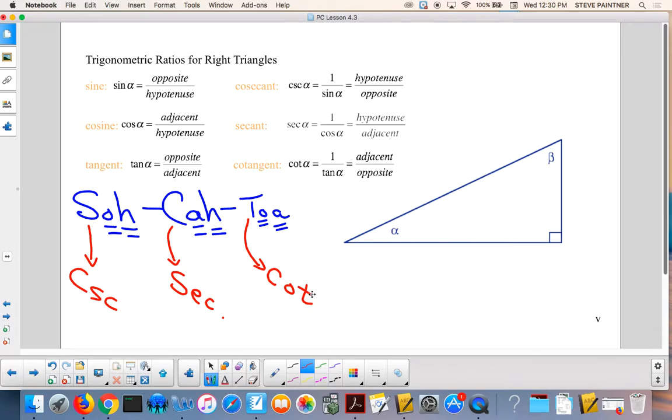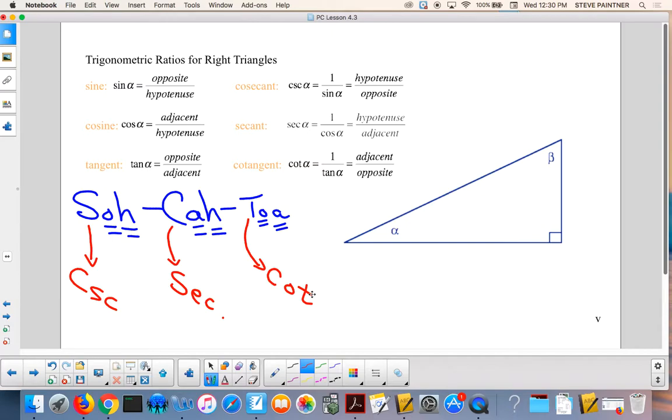I think tangent and cotangent make sense. But when I was in high school, I thought, why does the S and the C go together? It seemed like it should have been SS, CC, but it didn't work that way. So in high school I remembered it as the opposite of what I think it should be. Don't know how you're going to do it. You might just memorize it. But anyways, you do what you've got to do.